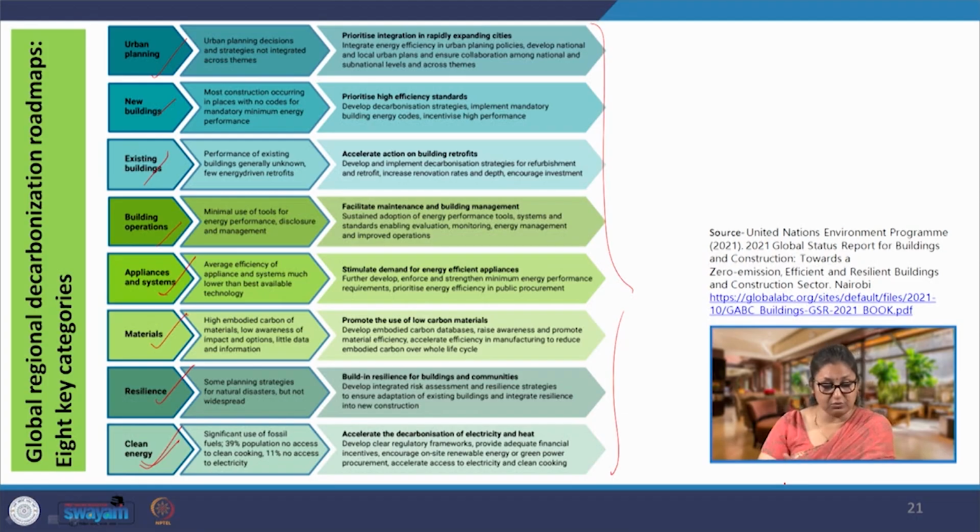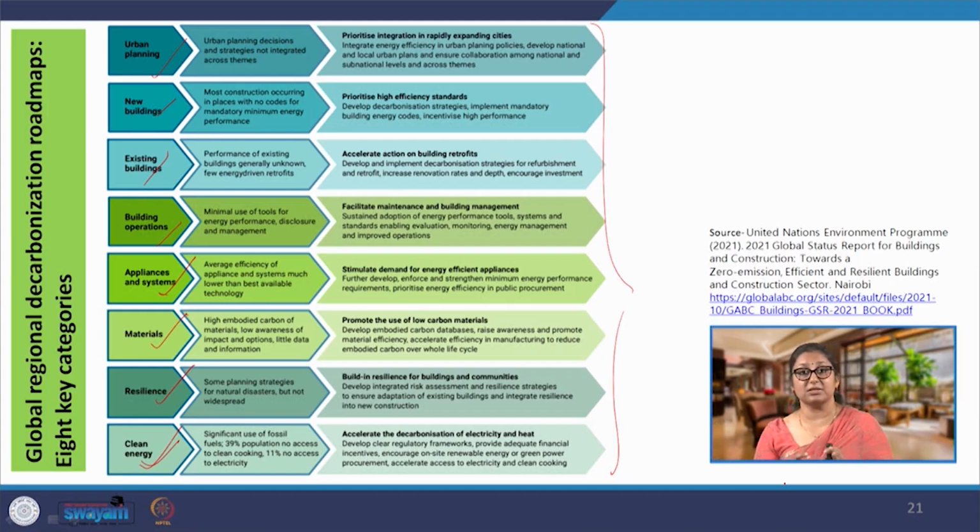So, we have to encourage the use of energy efficient appliances that are going to be used in buildings, and also create a market and policy mechanism to promote and support them. Use of low carbon materials, building resilience for buildings and communities, and acceleration of decarbonization of electricity and heat. This is how we should be able to reach net zero emission in the building and construction industry.